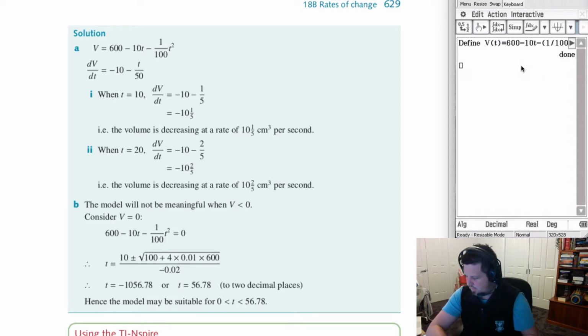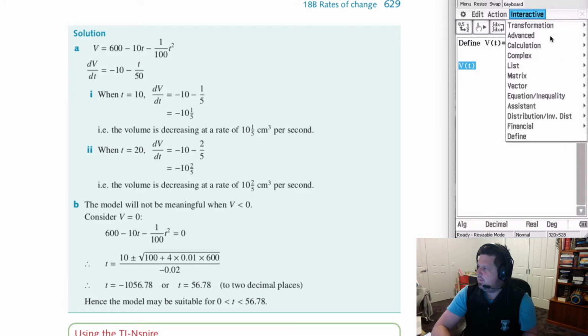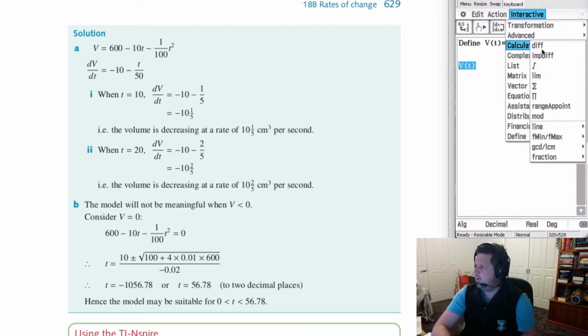Perfect. Alrighty, the next thing we can do is differentiate the volume equation. So if you again had this here, v t, if you highlight that, remember this is the function, if you want to differentiate that, I'm just going to go to interactive after highlighting it. I'm going to go to calculation and I'm going to go to diff.